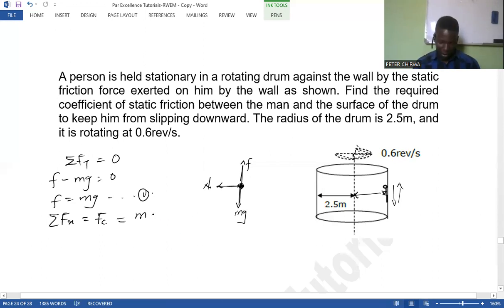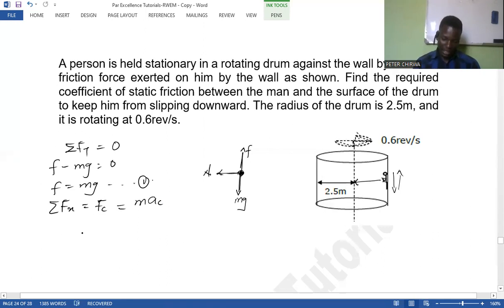So we have the centripetal acceleration there. Now, what is the centripetal force? The centripetal force is the normal force in this case, which is equal to m times the centripetal acceleration, which is v squared over r, radius. All right. So we have that as our second equation.